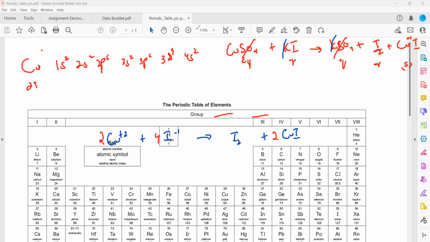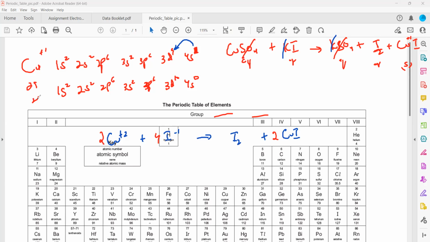Now what happens when the copper atom loses electrons? If it loses 2 electrons, it will lose both from 4s. But when it loses 1 electron, it will lose it from 4s, so this will become 1. But to gain stability, this electron jumps back to the d orbital. As a result, it will become 1s2, 2s2, 2p6, 3s2, 3p6, 3d10 and 4s0.